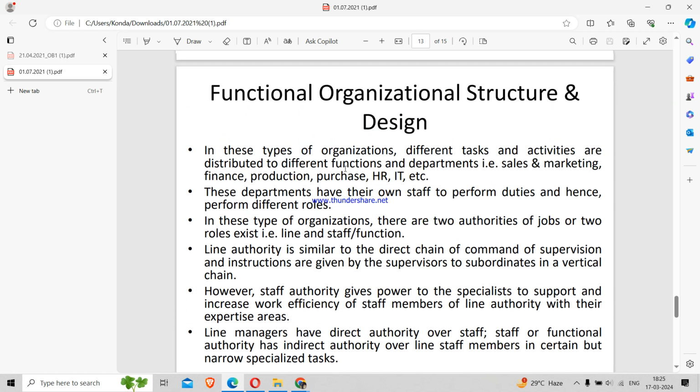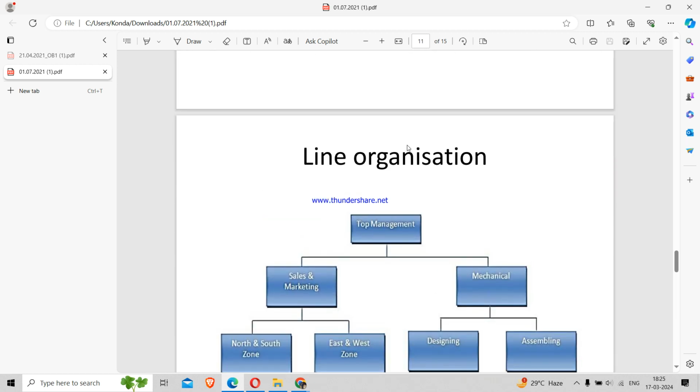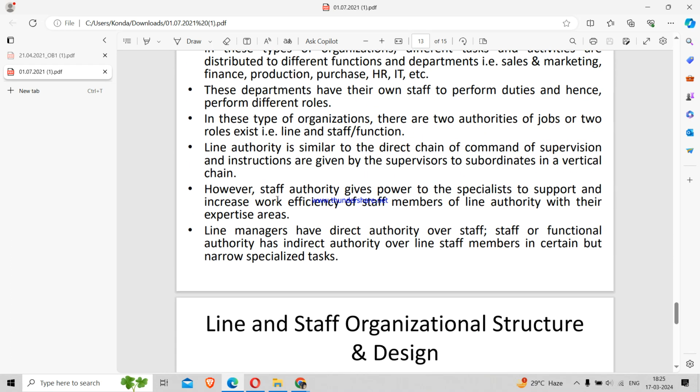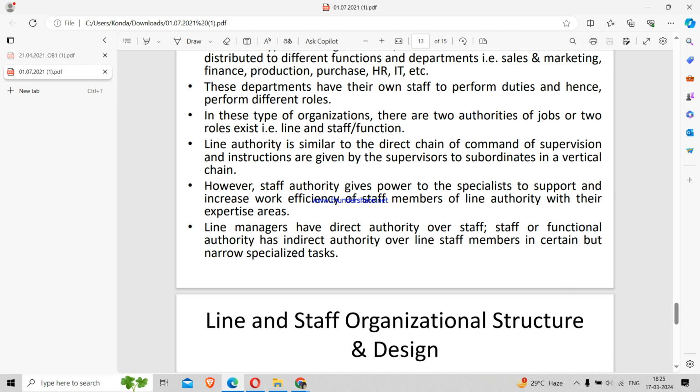So this is similar to the previous one we were talking about. However, staff authority gives power to the specialist to support and increase work efficiency of staff members of line authority with their expertise areas. So the staff authority gives power to the specialized to support and increase the work efficiency.